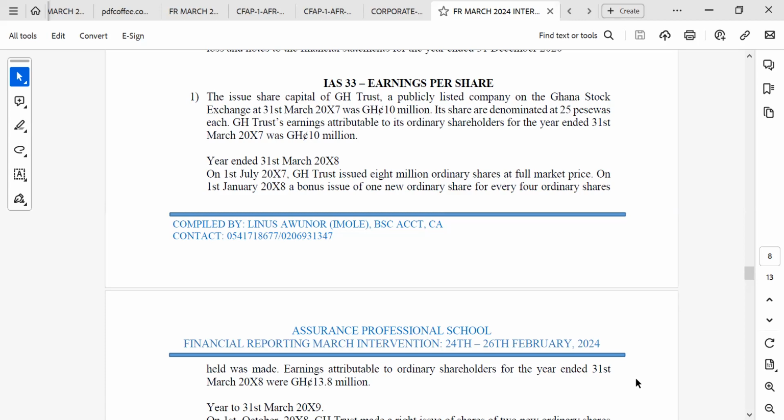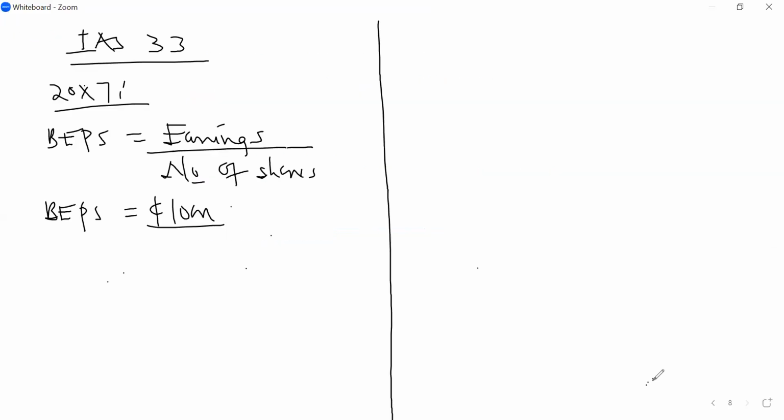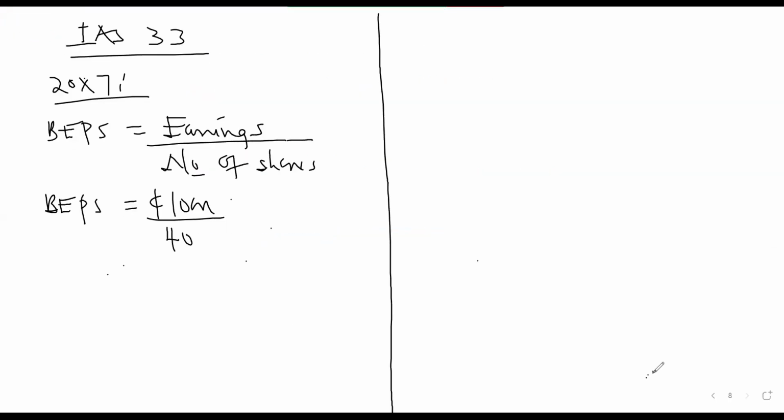So this one, we know how to calculate it. We issue a certain number of shares at 25 pesos and we are having a value of 10 million. We have done that in the consolidation last week. So the value of the shares is 10 million. How many shares do we issue at 25 pesos to get 10 million? You just divide and get 40 million shares.